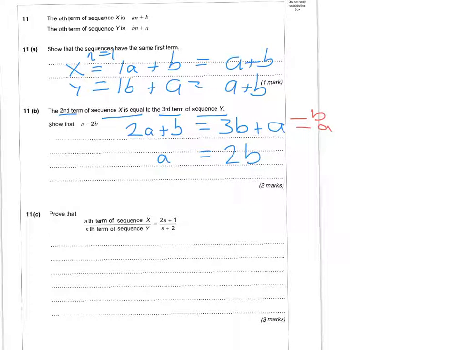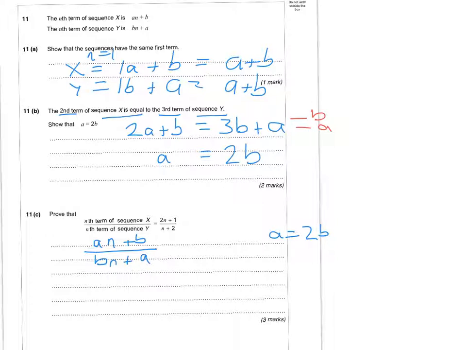Prove that the nth term of sequence x divided by the nth term of sequence y is equal to 2n plus 1 over n plus 2. Okay, so we have an plus b over bn plus a. Let's substitute in a equals 2b.